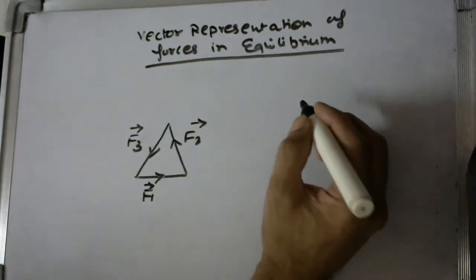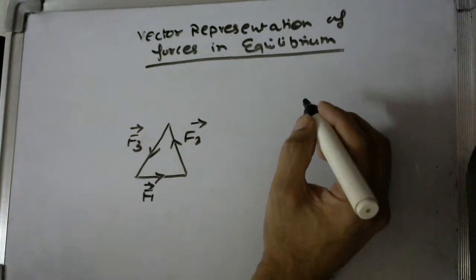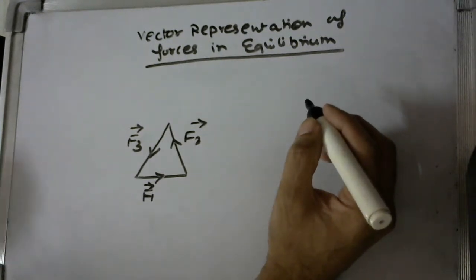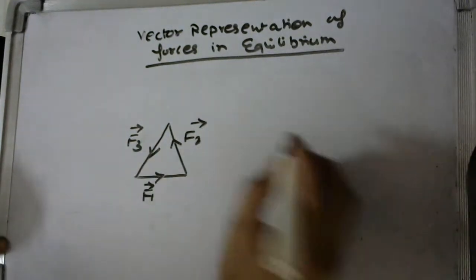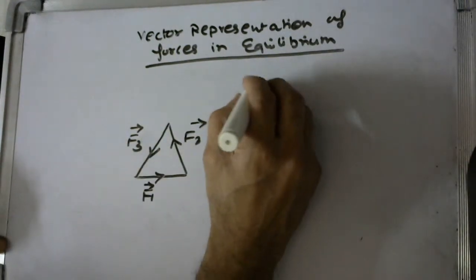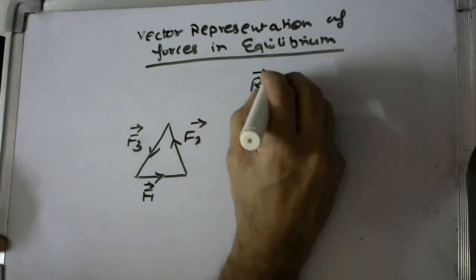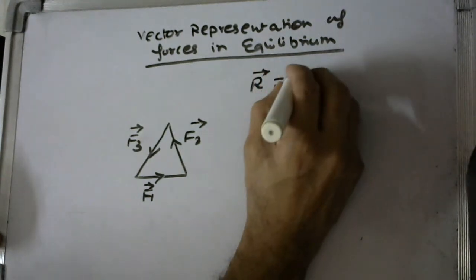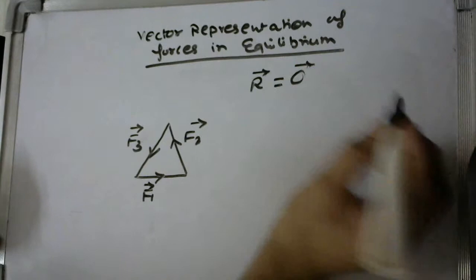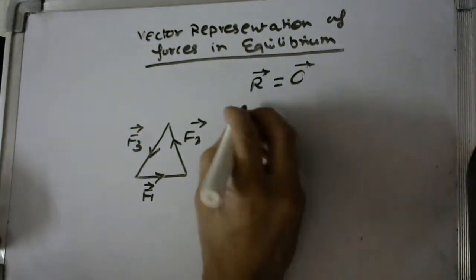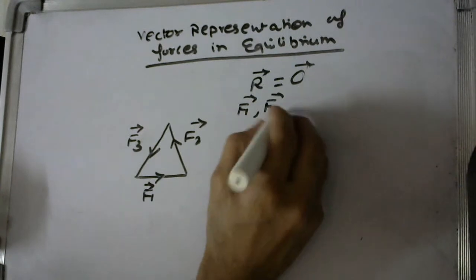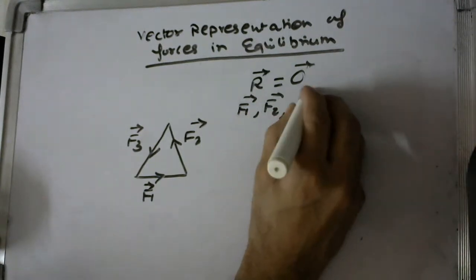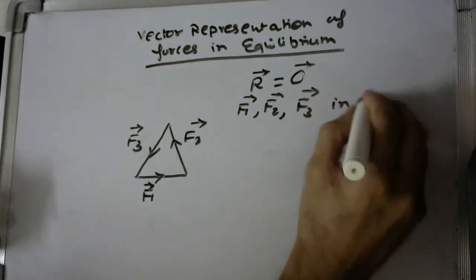When a number of forces acting on a particle, taken in order, form a closed polygon, then the closing side of the polygon will be zero, and hence the resultant of such forces is zero, and F1, F2 and F3 will be in equilibrium.